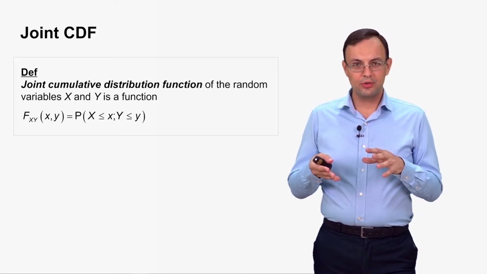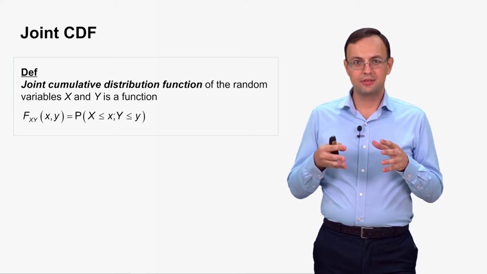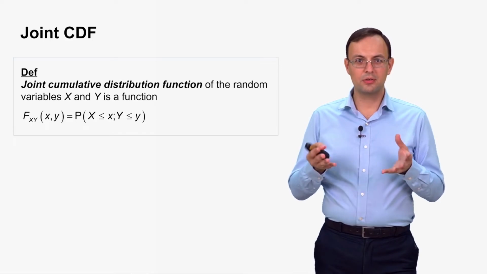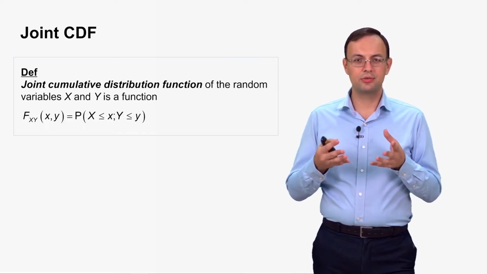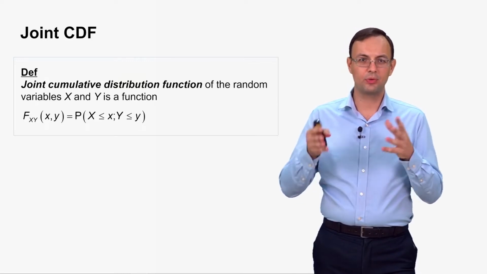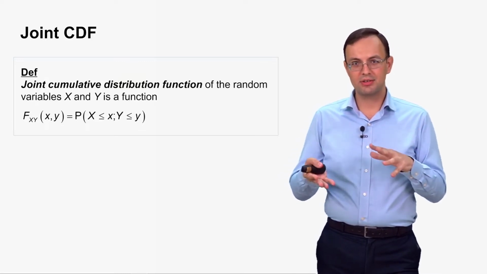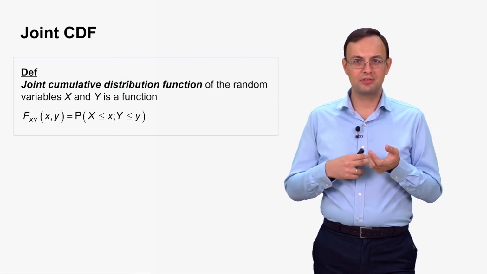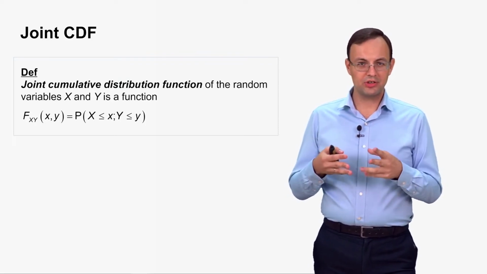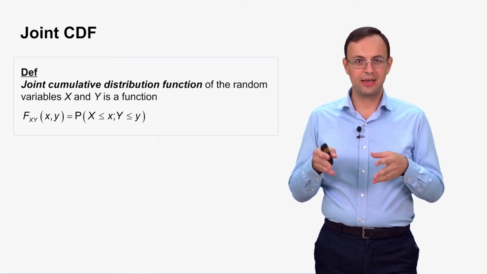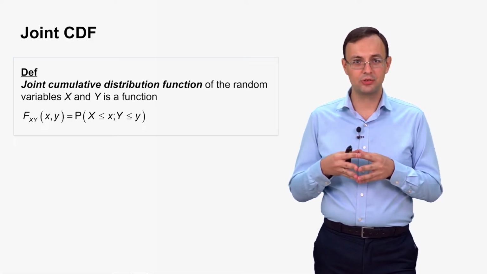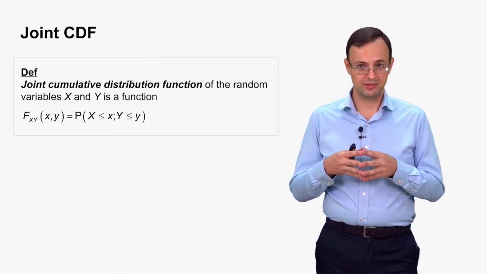As you know, for scalar random variables, the third way to describe a distribution, common for discrete and continuous random variables, is the cumulative distribution function. And in the two-dimensional case, we also can define a joint CDF, joint cumulative distribution function of two random variables.